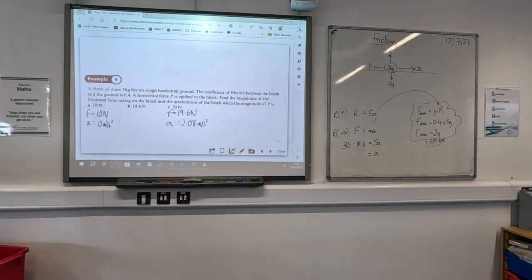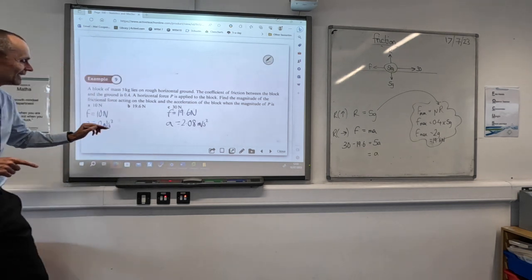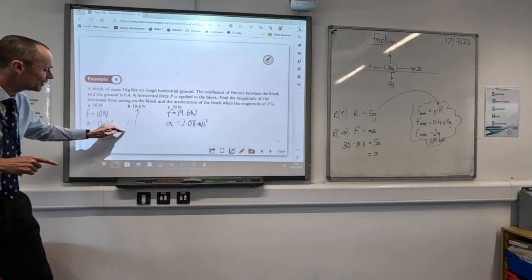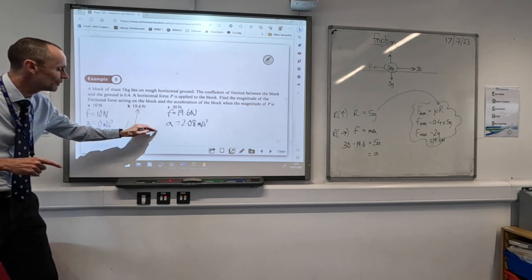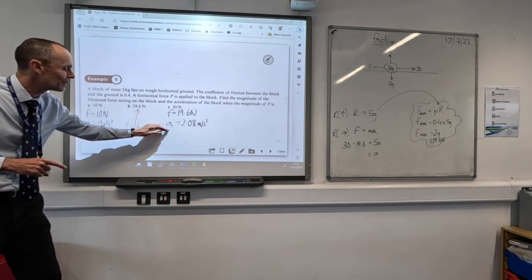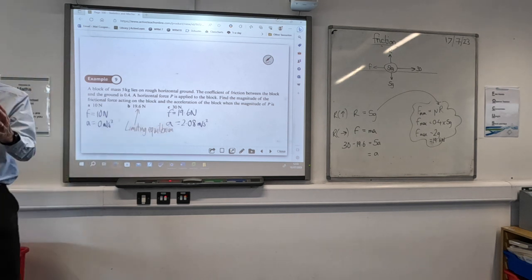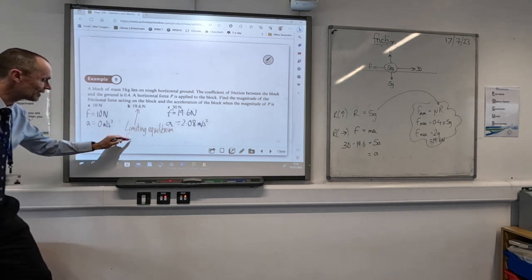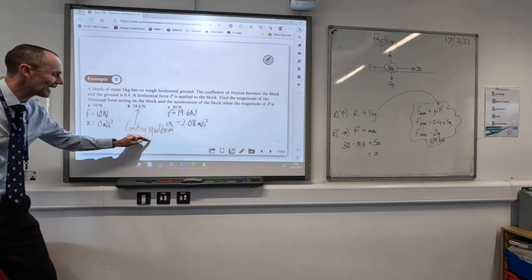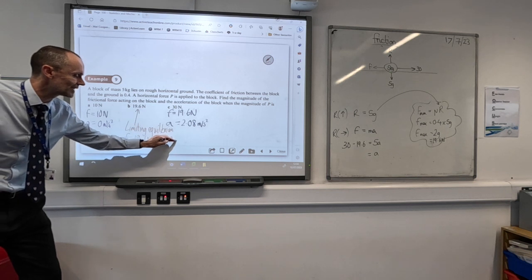So what we're dealing with in part B is a situation that's referred to as limiting equilibrium. It's about to move, we are about to exceed the maximum value of friction, but we haven't yet reached it. And so in that case, friction is 19.6 newtons and the acceleration is 0 because it hasn't yet started to move.